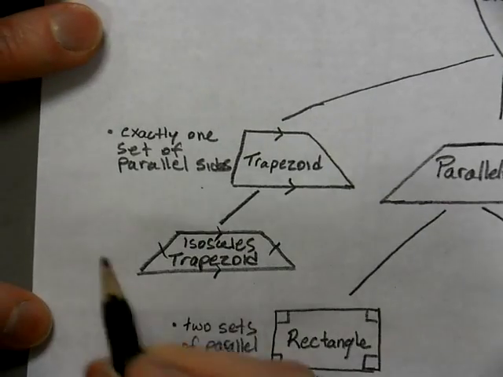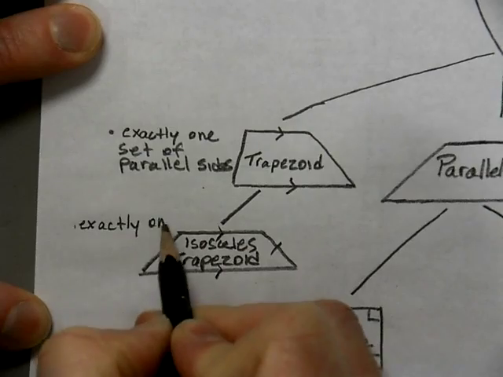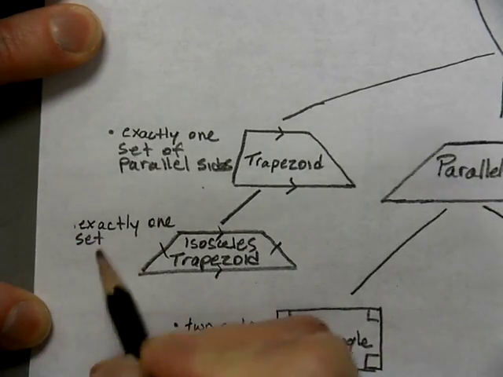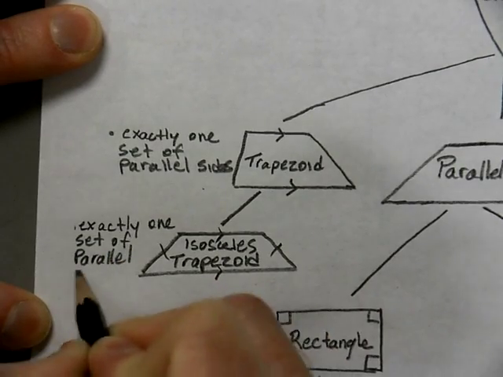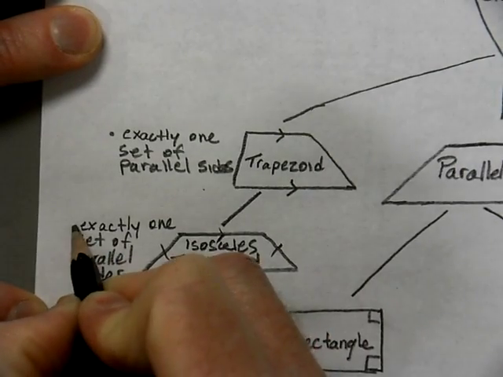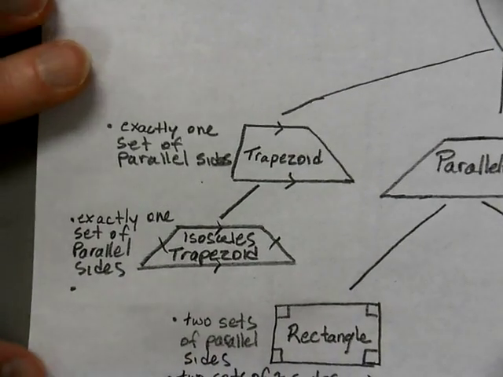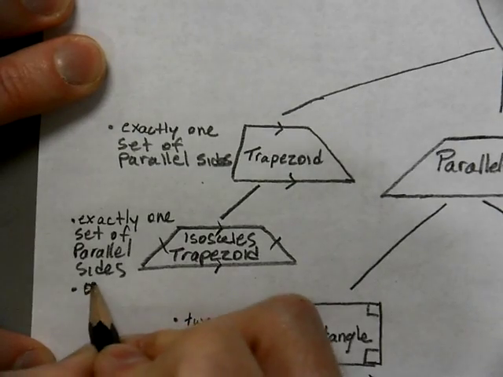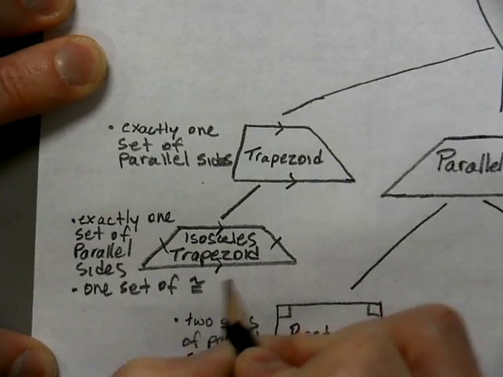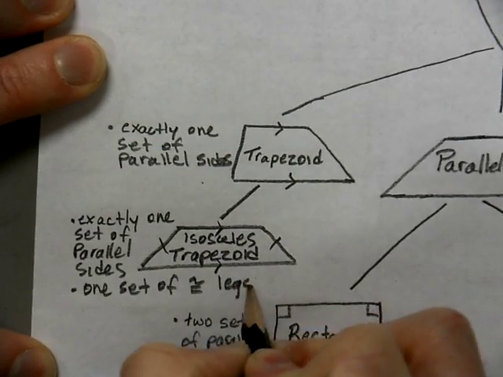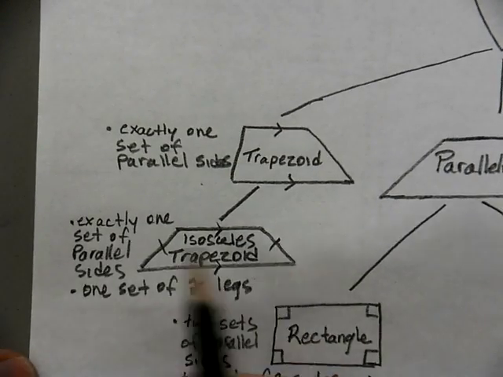And an isosceles trapezoid has exactly one set of parallel sides. It also has one set of congruent legs. The legs are not the bases. The legs are not the parallel sides.